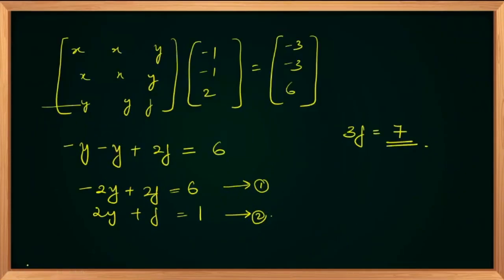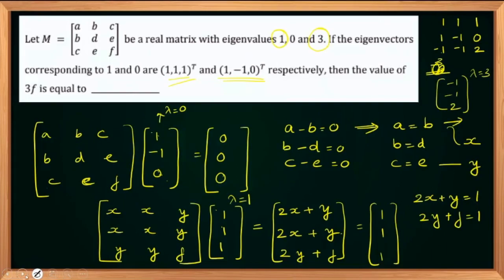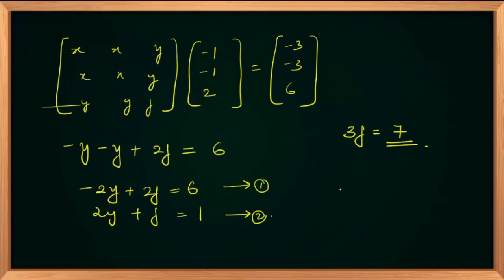Here also we use this idea of orthogonality. Adira, have you done it based on this idea, or have you used some other method? There are a lot of methods actually. You can also do this now: 2x plus f is equal to 4, right? That can be used because 1, 0, and 3 are the eigenvalues.